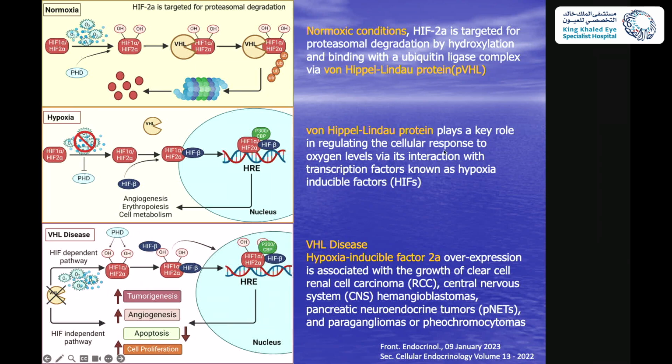This protein regulates the cellular response, whether in hypoxia or in normal oxia. In von Hippel-Lindau disease, this protein no longer functions, so you have upregulation, or overexpression, I would say, of the products, and that can cause tumor angiogenesis and apoptosis. And that's how pancreatic neuroendocrine tumors, hemangioma, and different neoplasms develop.